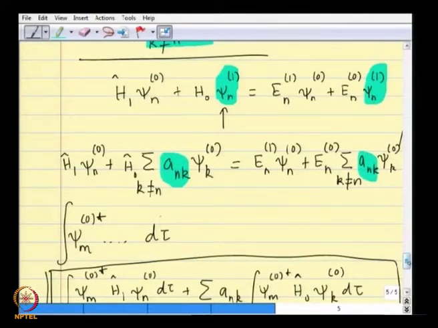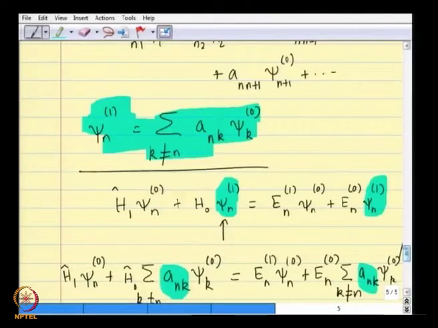So, the series for the first order correction to the wave function, psi n1, was written as a linear combination of all wave functions which are eigenfunctions of the perturbation free Hamiltonian, with linear combination coefficients a n k, where k takes all values other than the value corresponding to the nth eigenfunction. Okay.